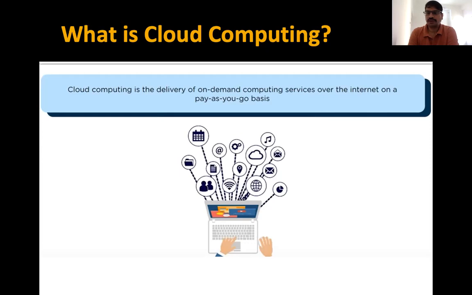Based on that, they will give you the bill, and you have to pay for that. It's just the same. Cloud computing is almost the same: you have to pay the bill as per your use of the cloud infrastructure, right? So that is there in the cloud.